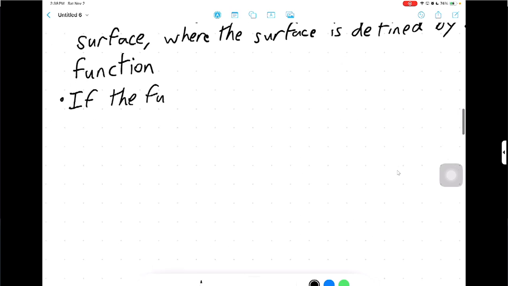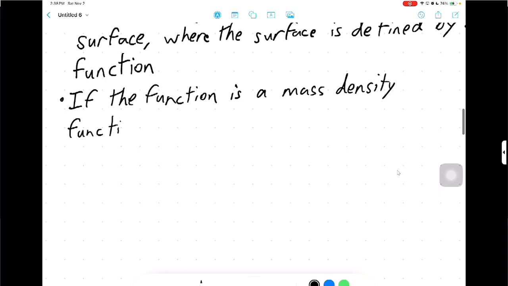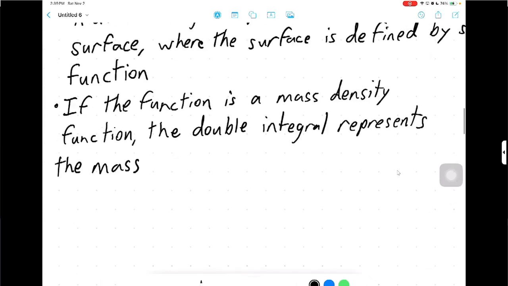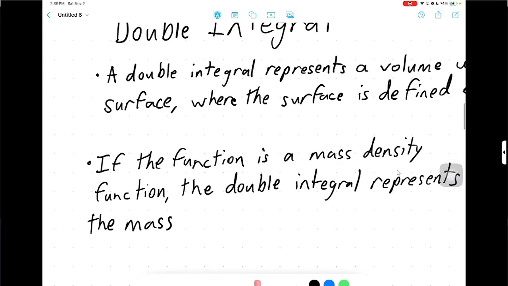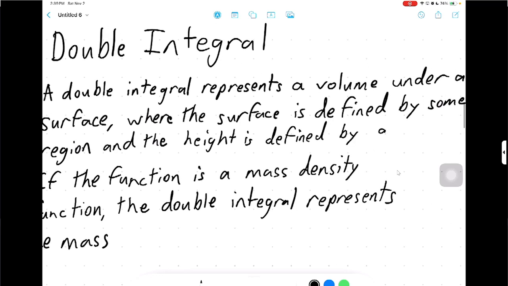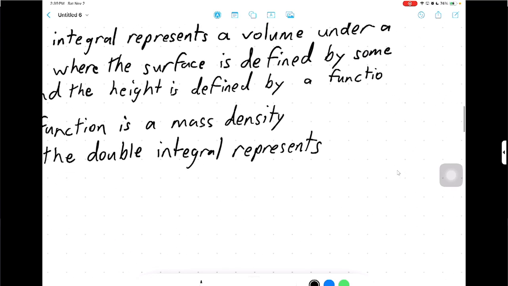If the function in question is a mass density function, the double integral represents the mass. This should be region, not function, region. And the height is defined by a function. So there we go.